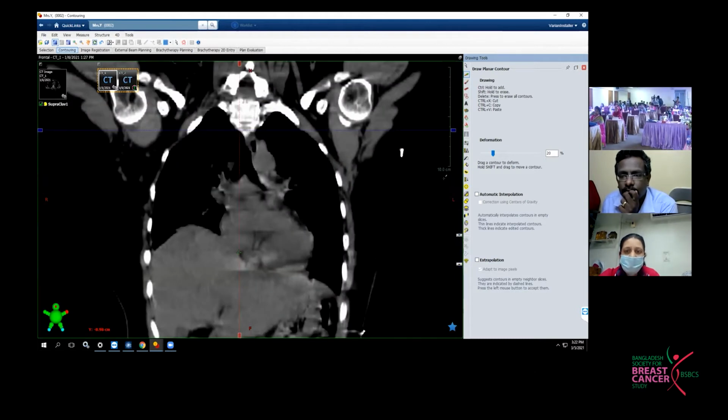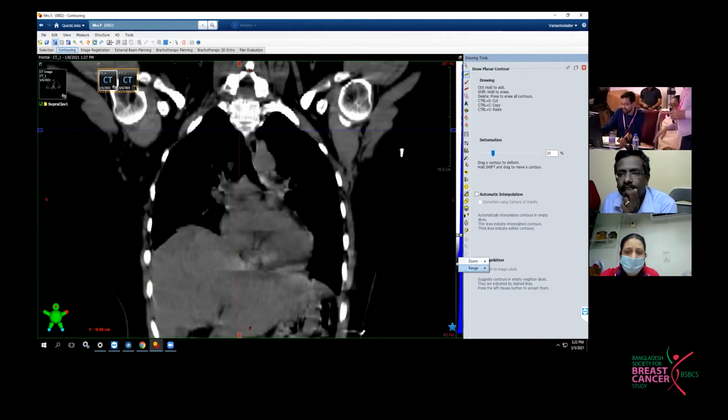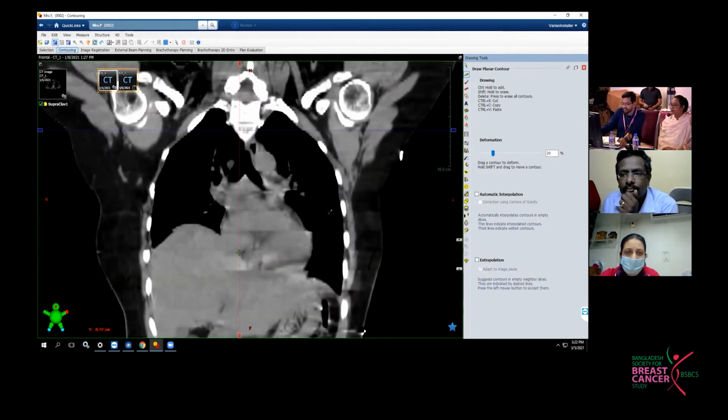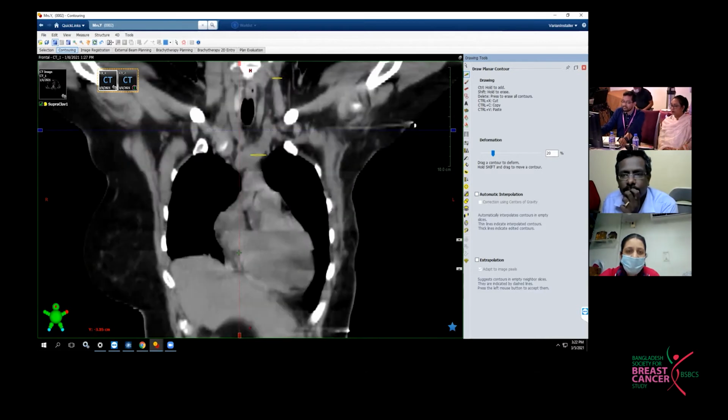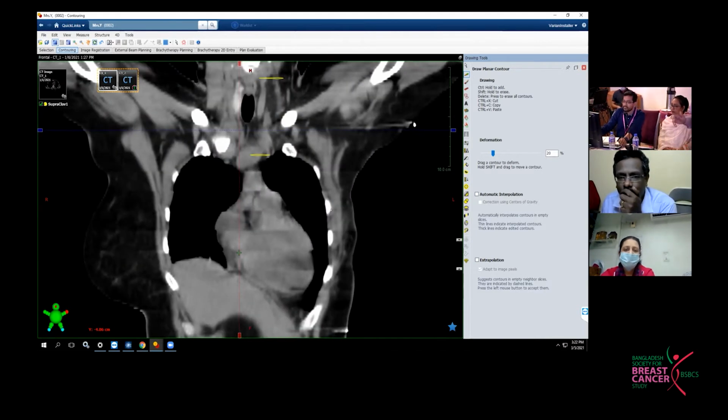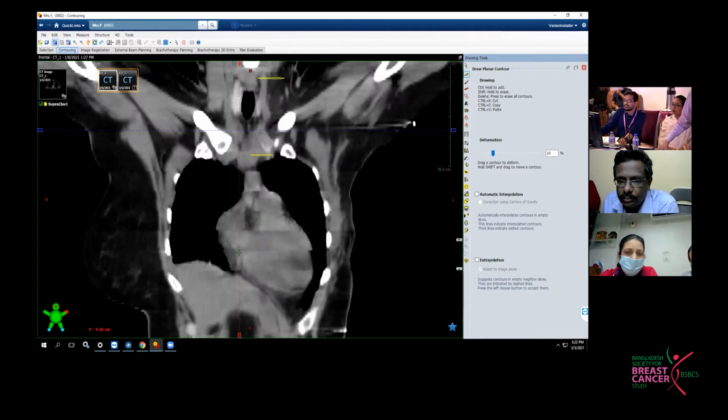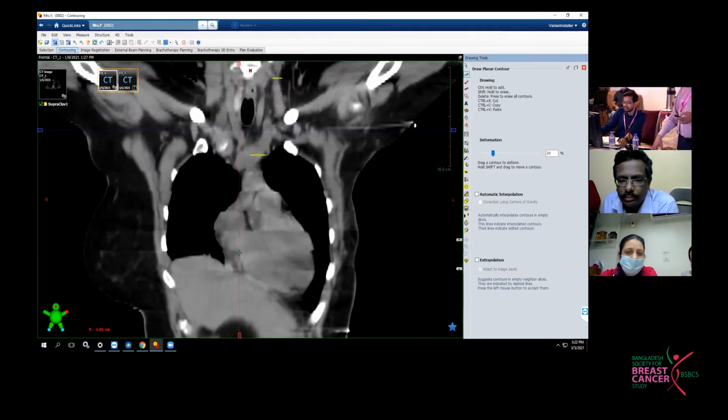Yeah, go back. Here you can see, stop. One more slice down. No, opposite. Yeah. So here you can very well see this bifurcation.